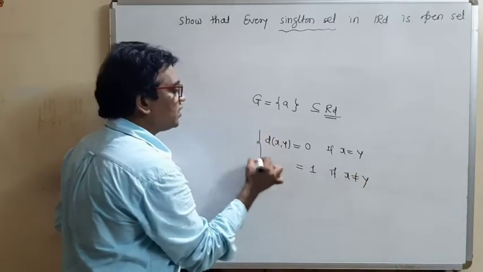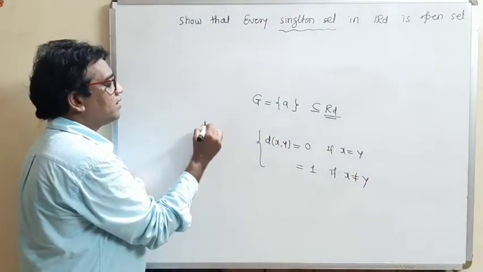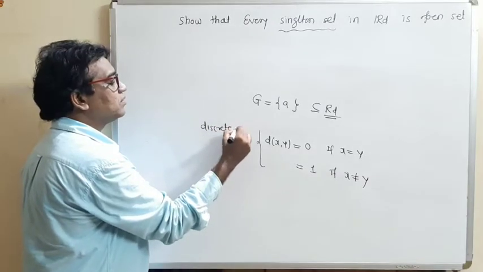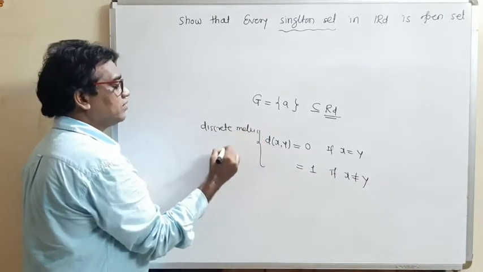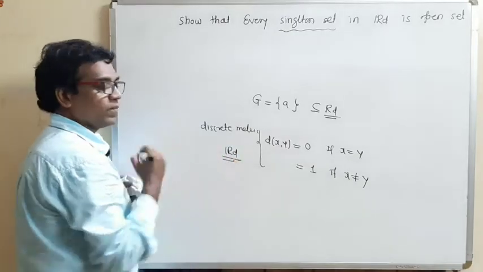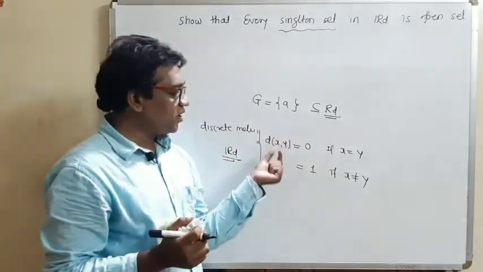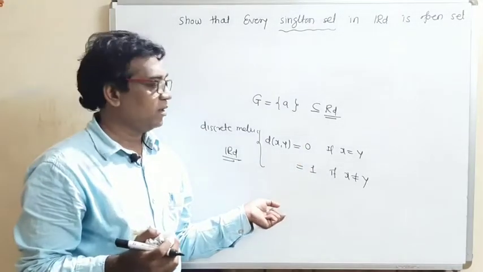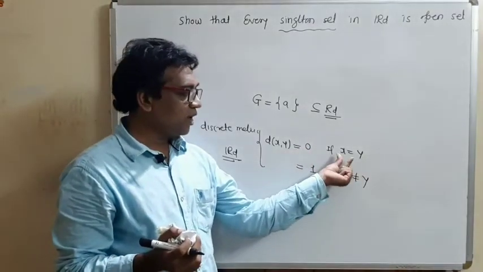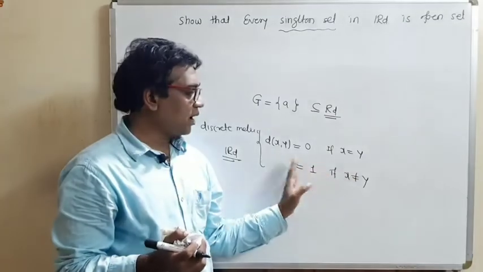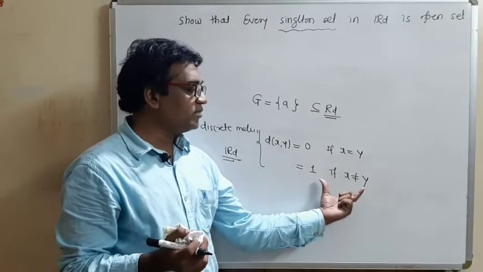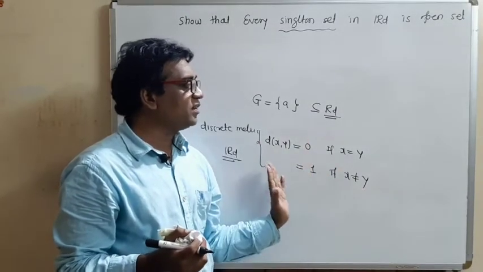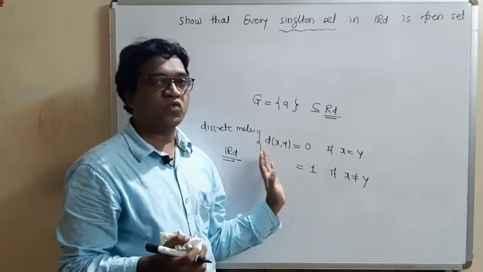This is called the discrete metric and it is denoted by the notation R_d. Discrete metric space has just two values: either 0 if the points are equal, or 1 if the points are different.